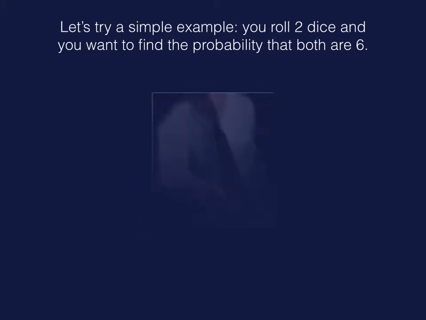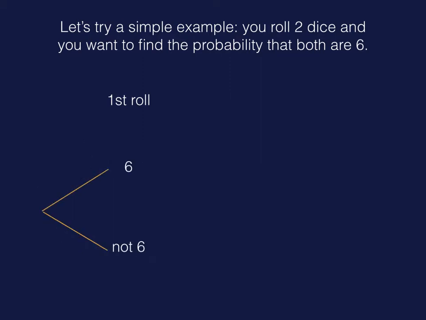But I'm going to use a tree here, do it slightly differently. So the first roll has 2 possible outcomes that are relevant to this case. Even though when you roll a die, there's 6 possible outcomes, you want to simplify to the outcomes that matter to this question. In this question, there's only 2 things that matter, 6 and not 6.